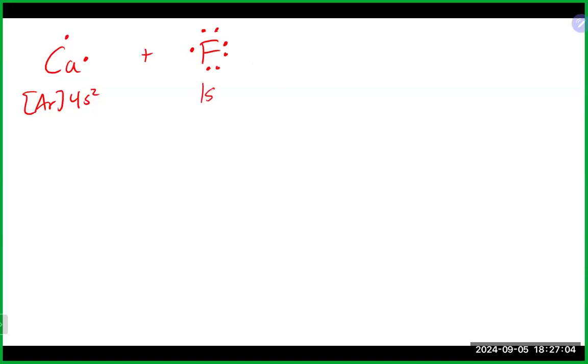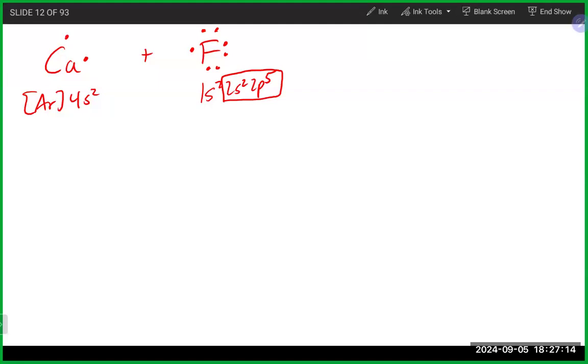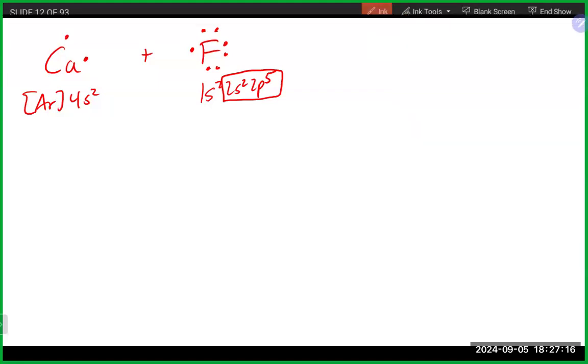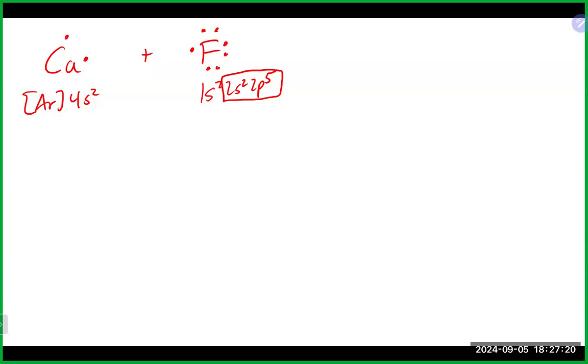Our fluorine 1s2, 2s2, 2p5. Once again, those being our 7 valence electrons that we see in this particular case. Calcium is still a metal. Fluorine is still a non-metal, which means we are going to get the transfer of electrons that we would expect.